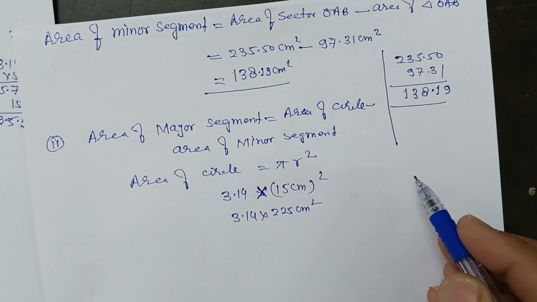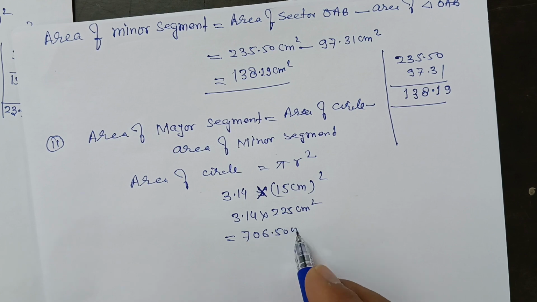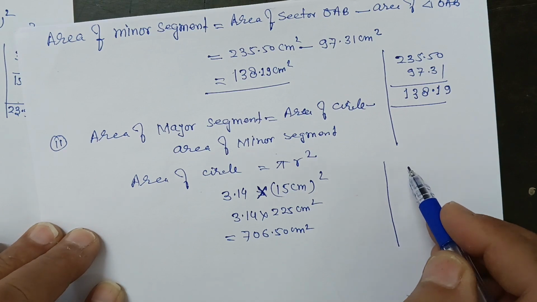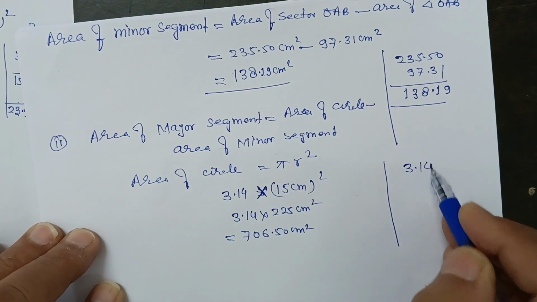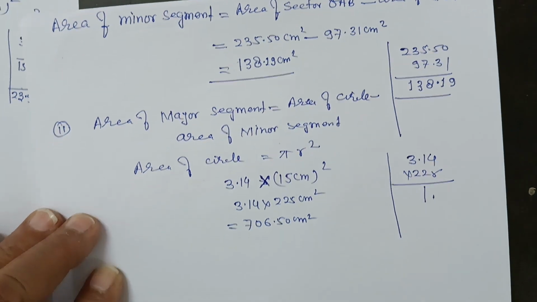Now multiply these two values. Whenever you multiply 225 by 3.14, we get the answer 706.50 centimeter square. Those who do not know can multiply using the long multiplication method. Alright, so this is for you students.